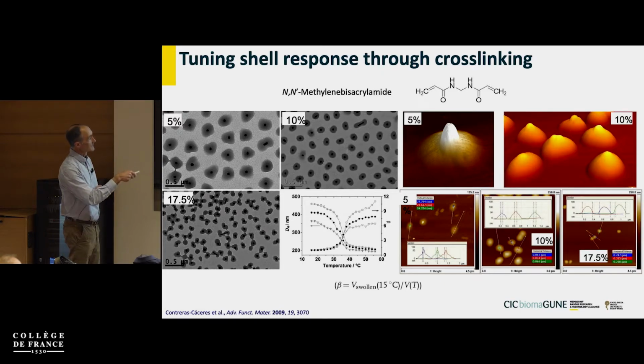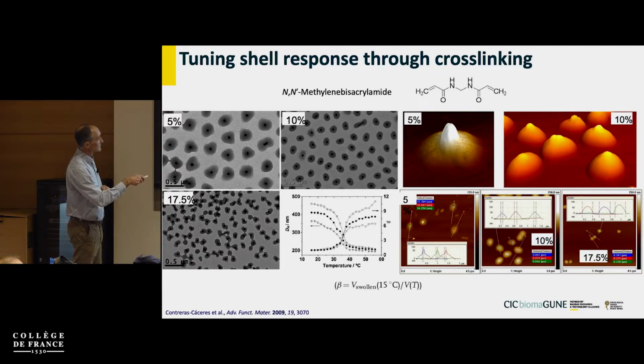And if you look at them in the atomic force microscope, then you see that at low cross-linker density, the core seems to protrude out very clearly from the shell, so it's totally collapsed on top. But for the larger cross-linker concentrations, the position of the bump of the core is less and less defined.